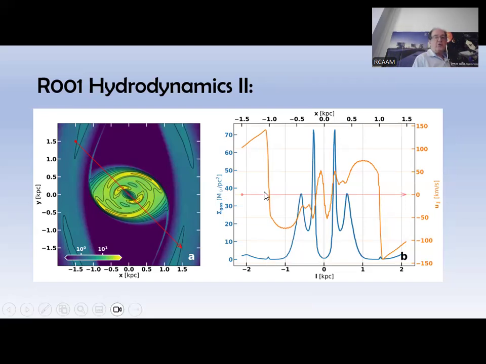The blue curve shows the surface density, and the orange curve shows the component of the velocity along the slit. So here you see that the velocity is coming from that point to that point. So here we have a shock.